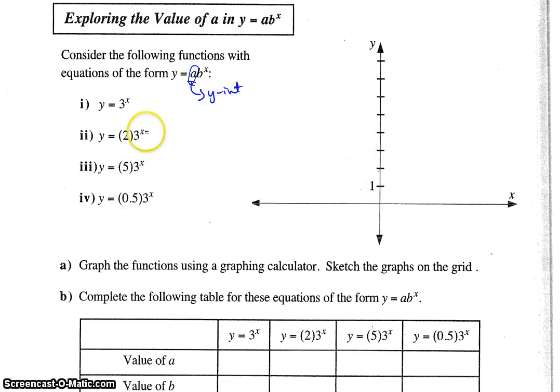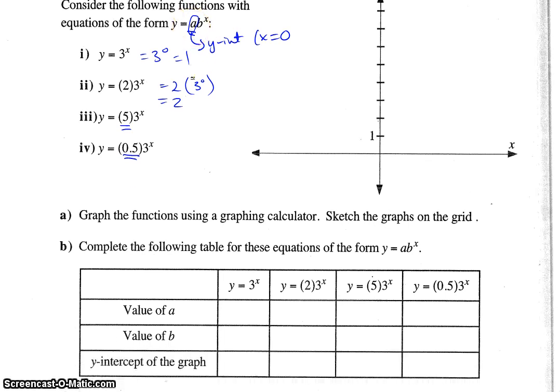The reason why is if you set x to 0, you would have 3 to the 0, so the y-intercept is 1, like our basic graphs. This one would be 2 times 3 to the 0, so our y-intercept would be 2. Same thing here, y-intercept of 5, y-intercept of 0.5. So essentially, that a value is the y-intercept.